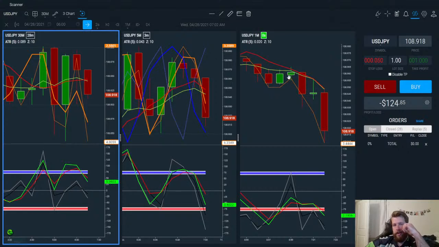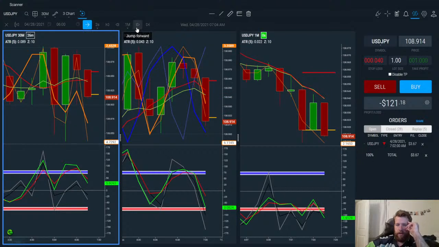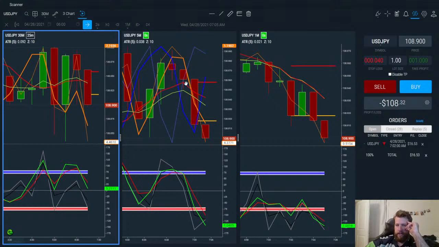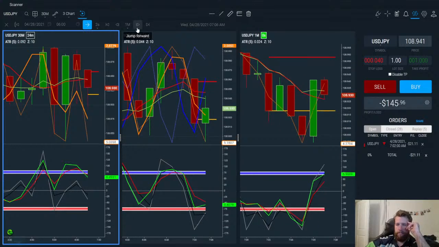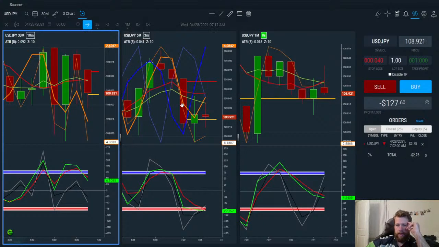You know, it might not be the worst thing just to jump in here. Let's get this 5 minute to post. 5 minute posted, that's very bearish. This is very bearish. Let's keep going. Oop. I think this still goes down.